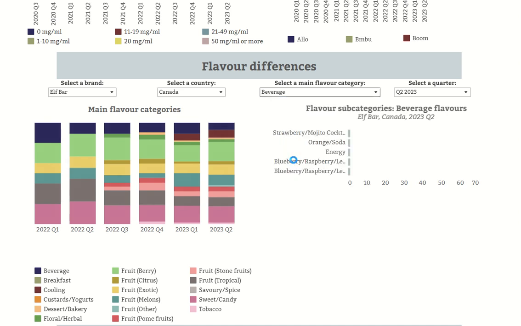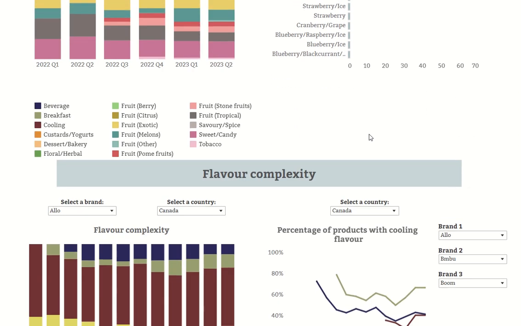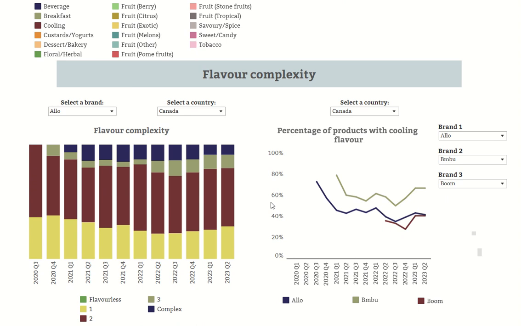So, if we go to fruit berry, we can see that the most popular flavor subcategory or exact flavor of Elf Bar in Canada in Q2 2023 was strawberry and banana. And again, we can see the flavor complexity and the percentage of products with a cooling flavor.